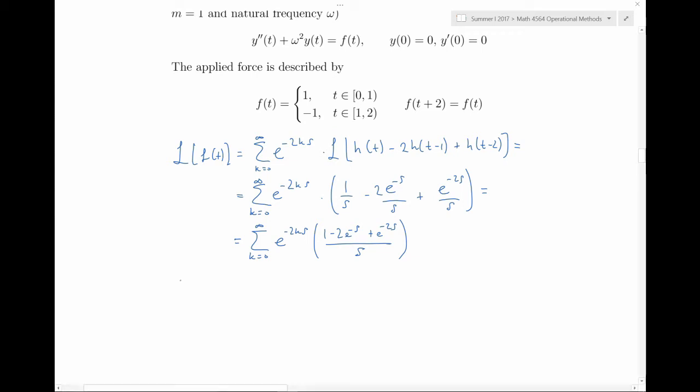Apply the Laplace transform to the equation. We get the Laplace transform of y double prime plus omega squared times y should be the same as the Laplace transform of f of t.